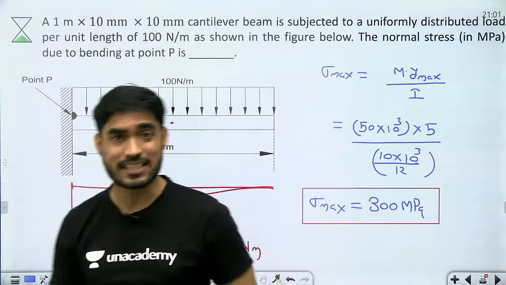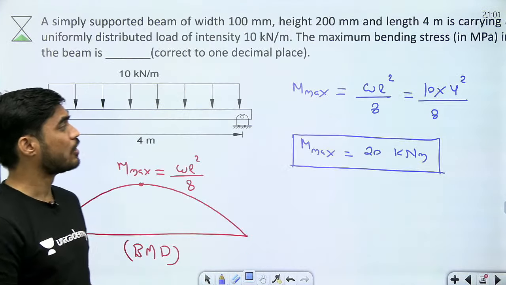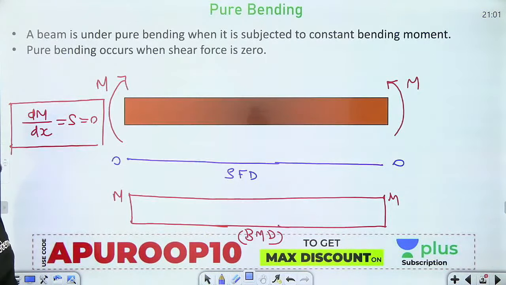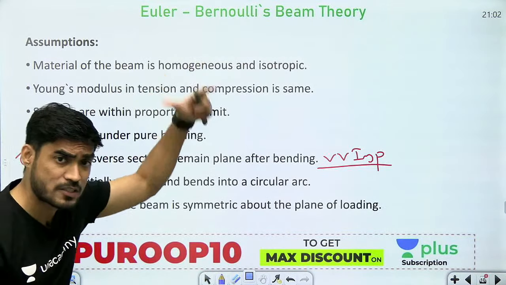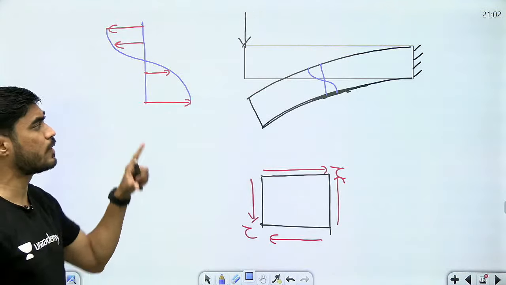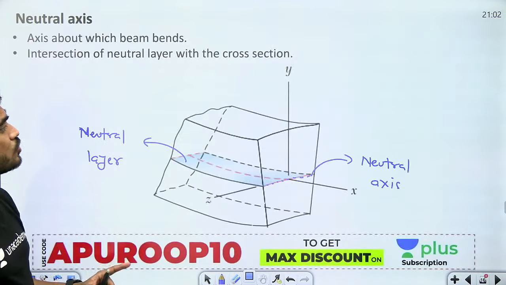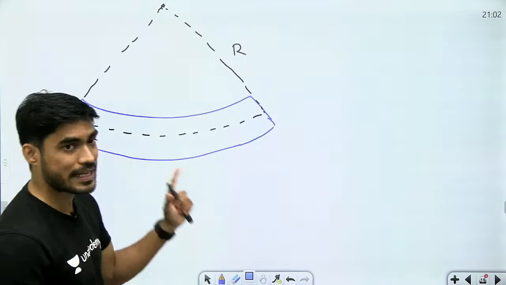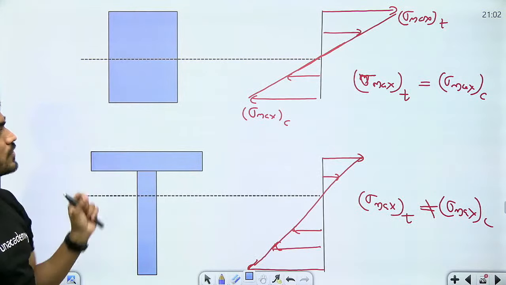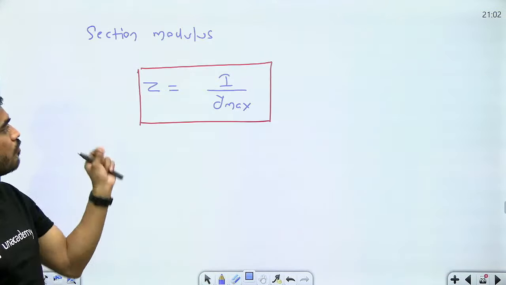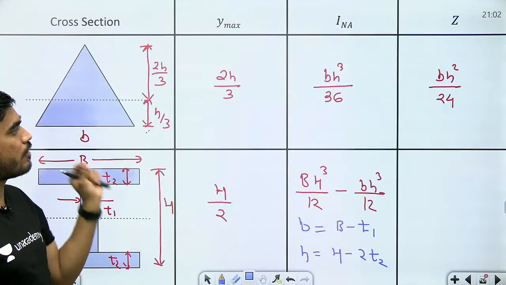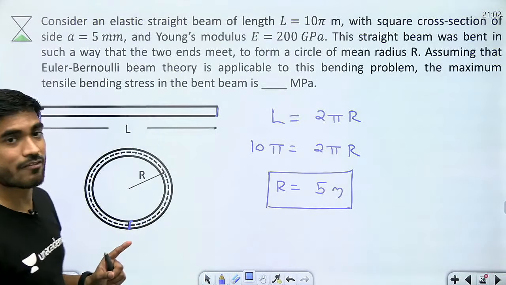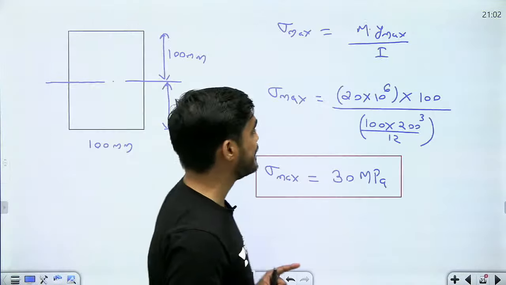So beta, in today's lecture we saw some very important topics related to bending stress and understood some very important concepts. We have understood what is pure bending, we have understood Euler Bernoulli's beam theory, what are the assumptions in Euler Bernoulli's beam theory, the meaning of every assumption. We have understood what is neutral axis and where the neutral axis will be, we have understood the bending equation, what will be the variation of stress, what will be section modulus, what is modulus of rigidity, what is flexural rigidity, what is flexural stiffness, and we have also solved a few numericals, and this is your assignment.